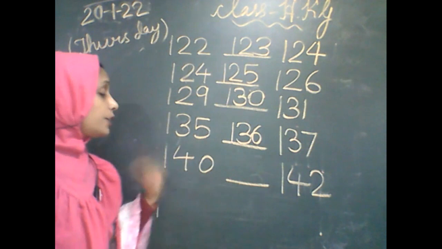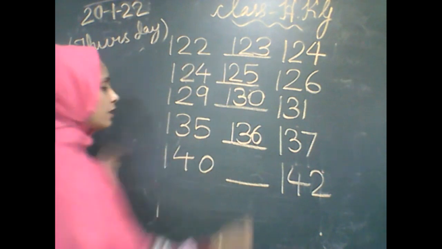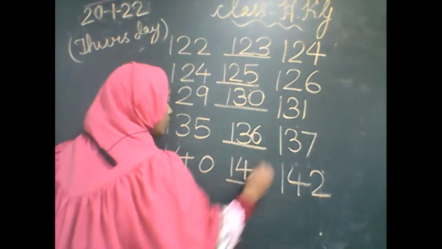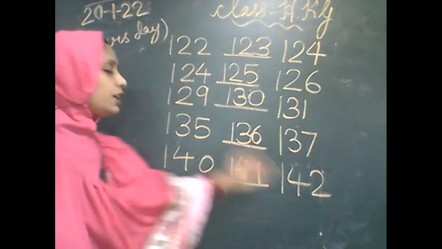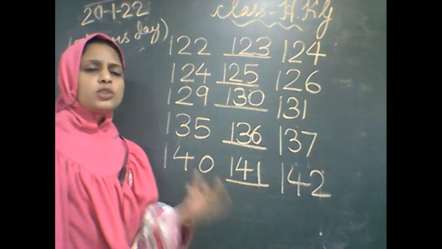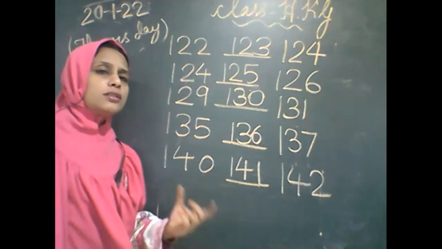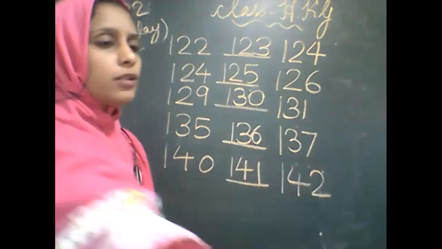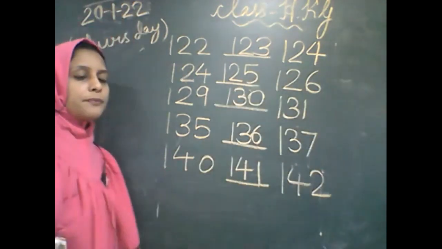Then 40 के बाद क्या आएगा? 41. So 141. 140 and 142 के between आएगा 141. So just you have to say the counting as we do in after numbers. Okay, and then write down the number.